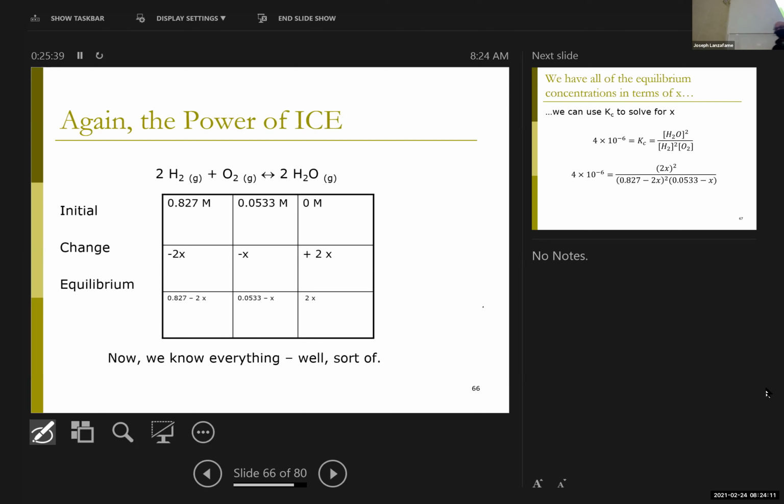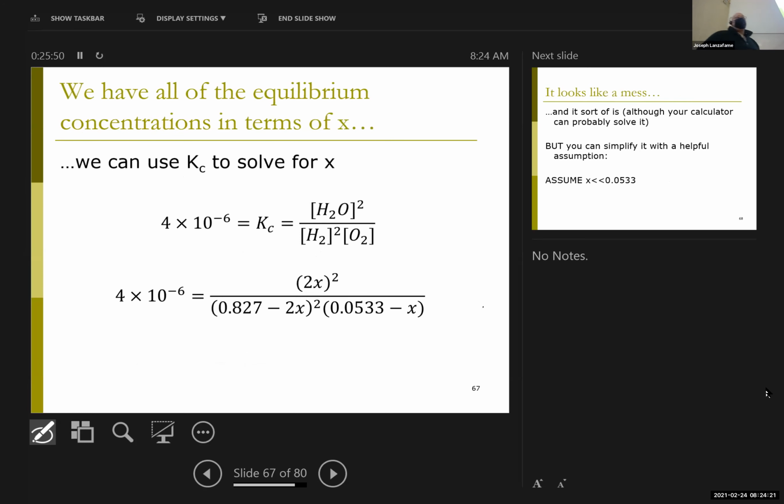I do, however, know what the ratio of all of them is, right? Because that's what my equilibrium constant actually represents. All right. Kc or Kp or Keq is just the ratio of the products to the reactants raised to their respective stoichiometries.